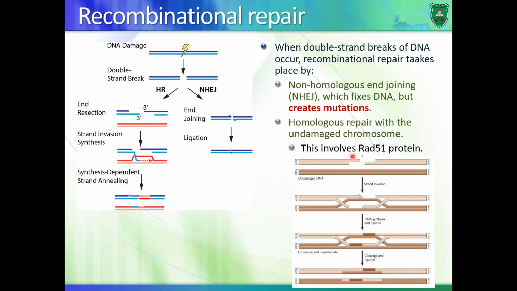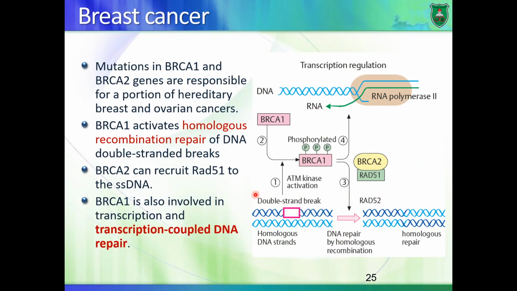Now, this needs a protein known as RAD51. RAD because it was found to be activated when cells are irradiated, when they are exposed to radiation. So this protein was called RAD51. It gets activated when cells are exposed to radiation. Now, here's something that is interesting.